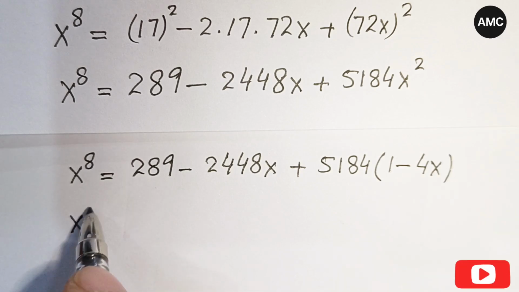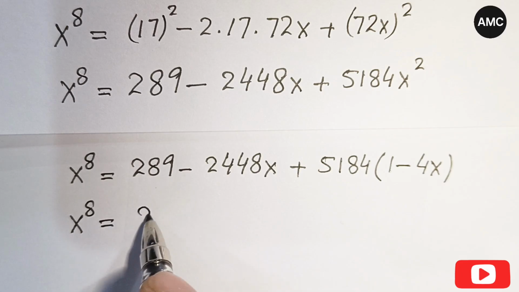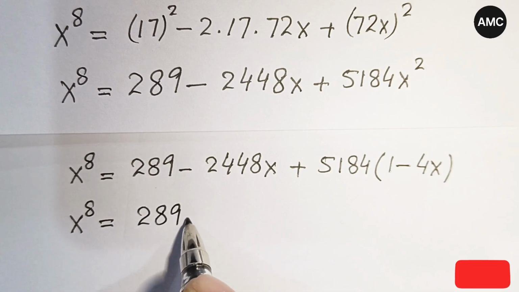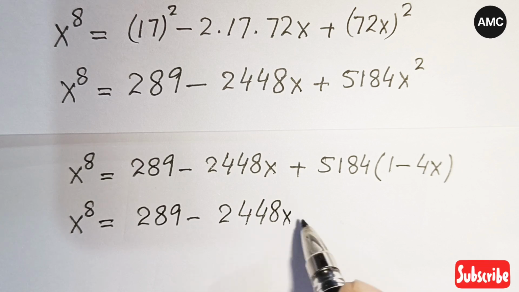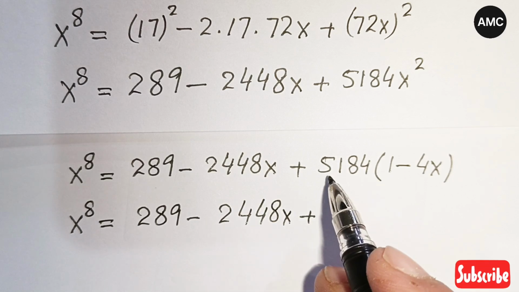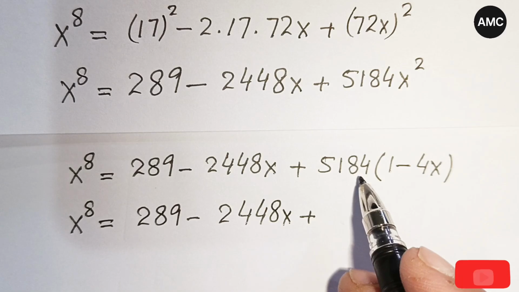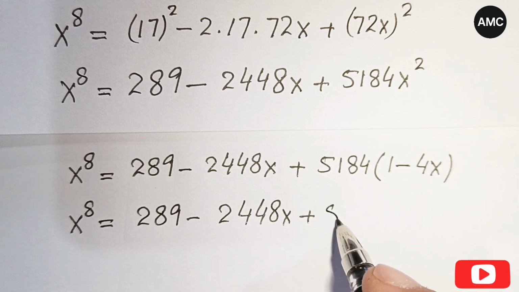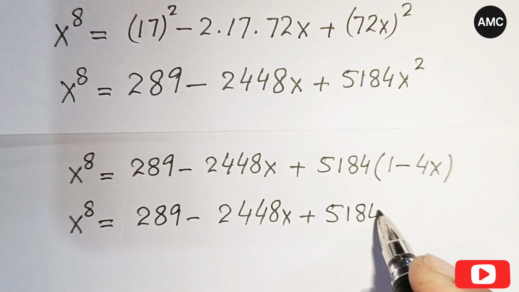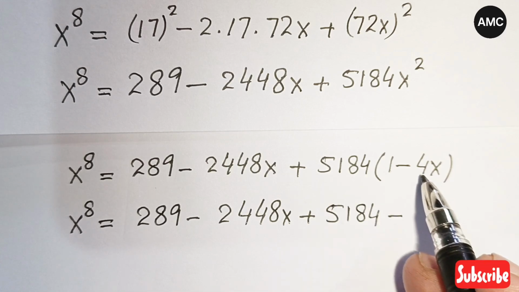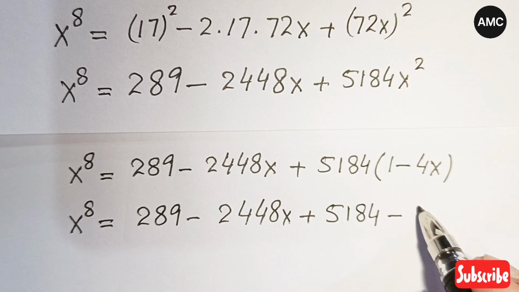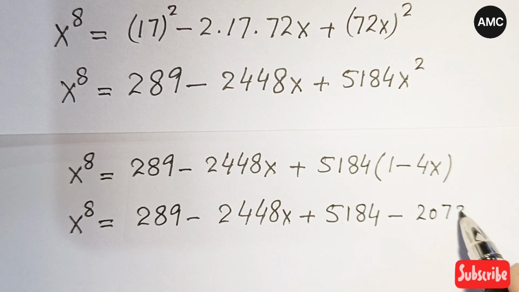Here x to the power 8 is equal to 289 minus 2448x plus, multiplying this 5184 into the parentheses, we will get 5184, and minus 5184 times 4, which is 20736 times x.